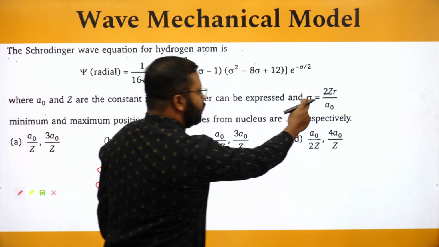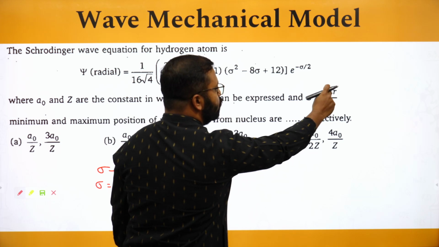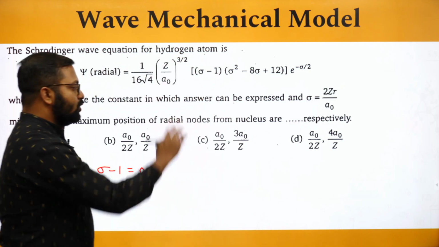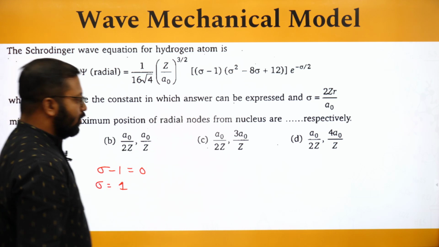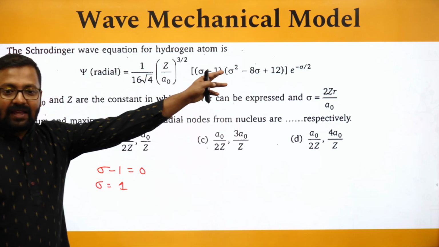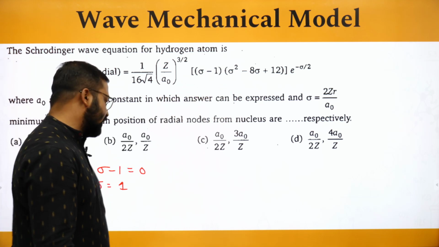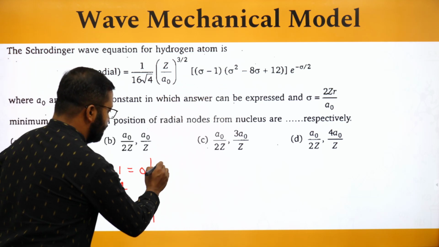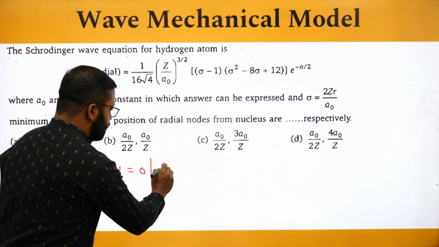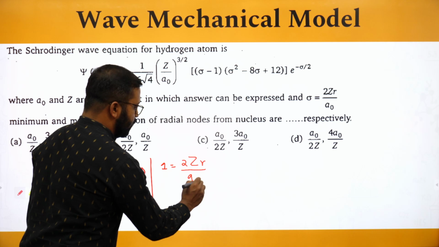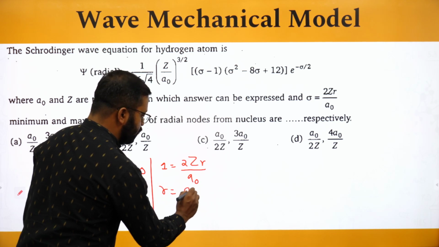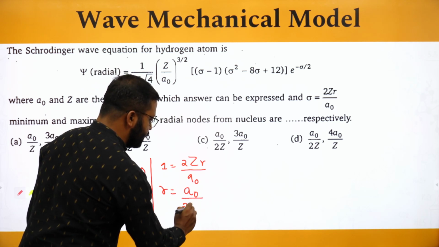Now, what is given over here? Sigma is equal to 2zr by a naught. If I place the value of sigma in that equation, what will I obtain? 1 is equal to 2zr by a naught, or r is equal to a naught by 2z.